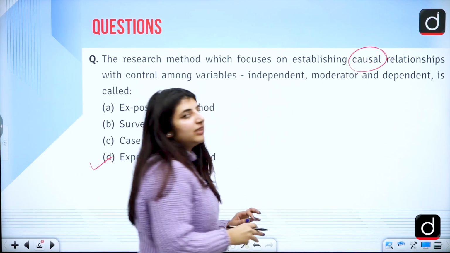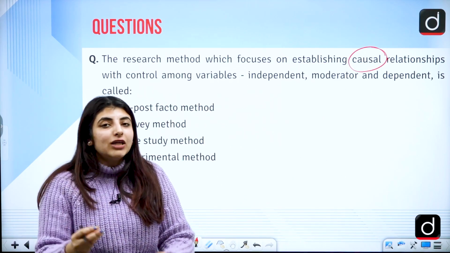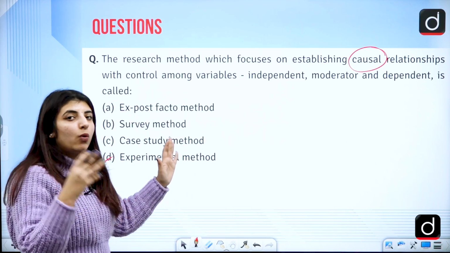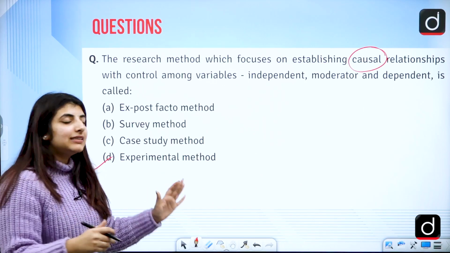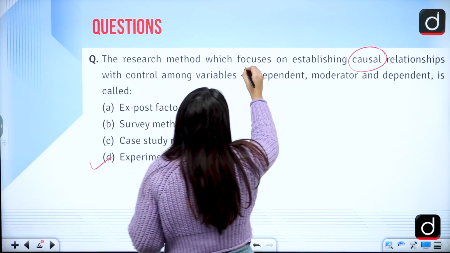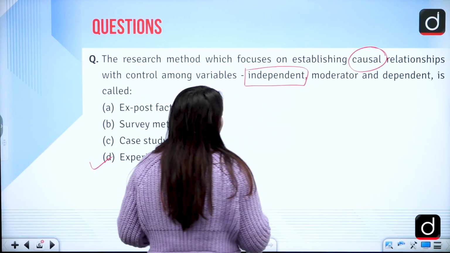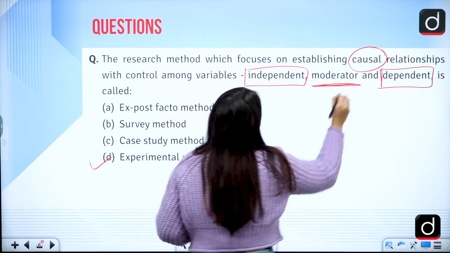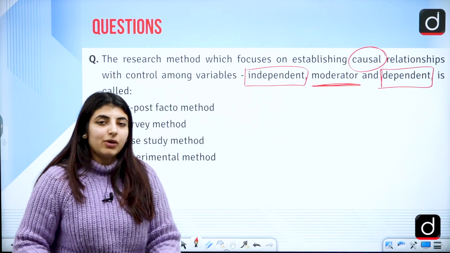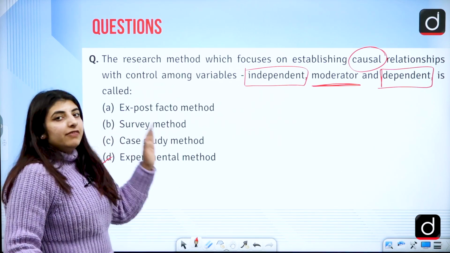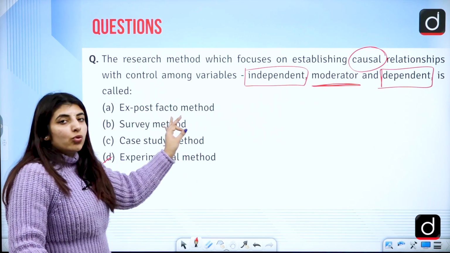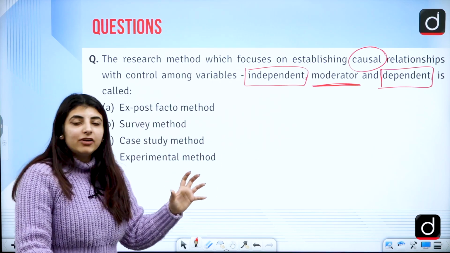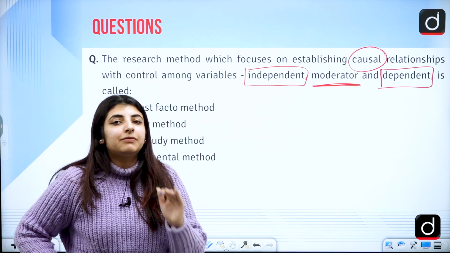This is not casual, it is causal, which means cause and effect relationship is being seen here, is established here. What kind of research is that? That is experimental research, where you have independent variable, you have a dependent variable, and you might have certain moderator variables as well, correct? So we see that how this control is maintained amongst these three types of variables, and where the control is the most in the experimental type.